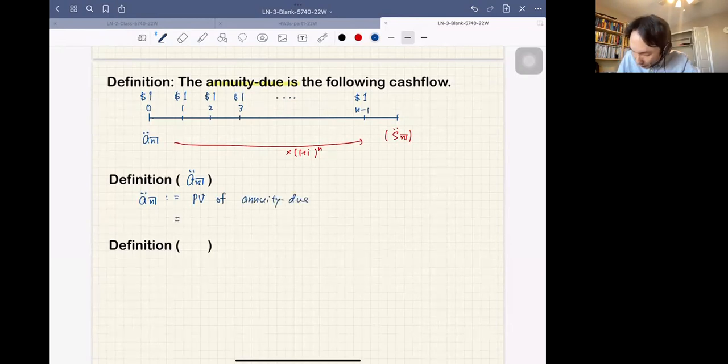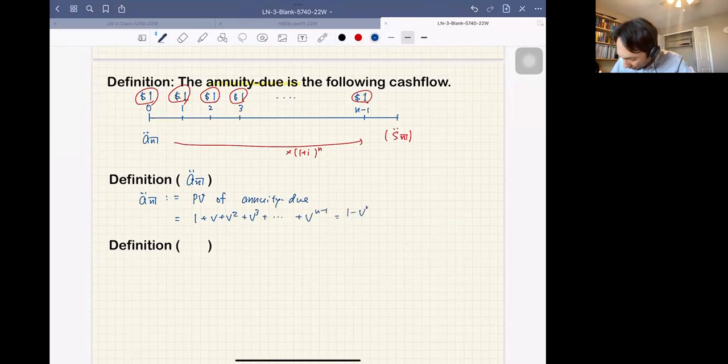So this is equal to, we start with this. This is worth $1 at time 0, obviously, and this is worth v at time 0, v squared at time 0, v cubed at time 0. So this means 1 plus v plus v squared plus v cubed, up to v to the power n minus 1. So it's even simpler than annuity immediate, and this is just (1 minus v to the n) over (1 minus v).